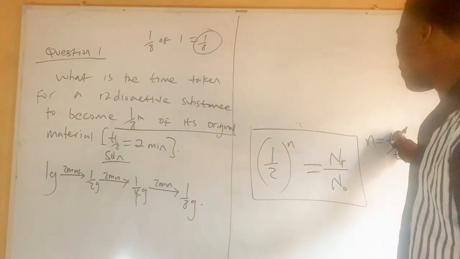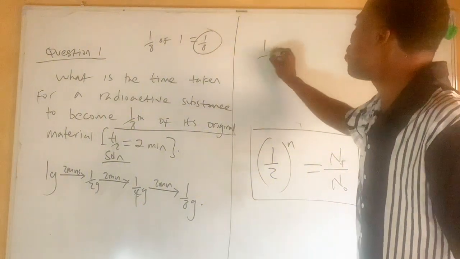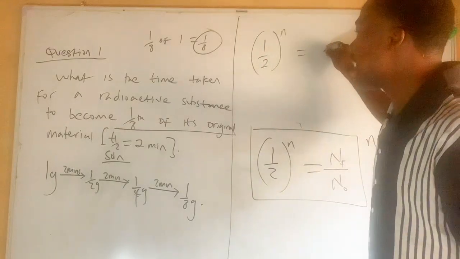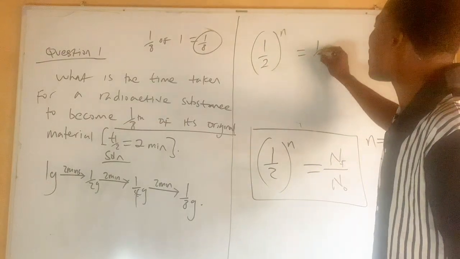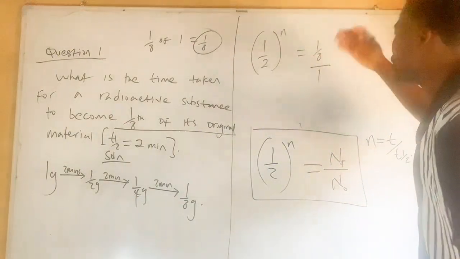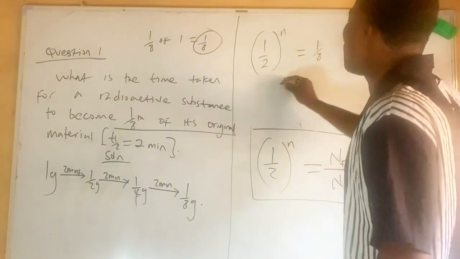So quickly, how do you solve using the formula? They're asking us for t. So (1/2) raised to power n is equal to the final over the original. The final is 1/8, and the original, let's take as 1. So 1/8 over 1 is still 1/8. What will n be?